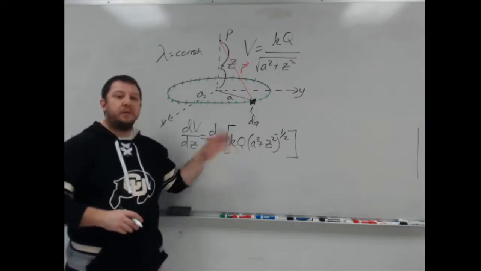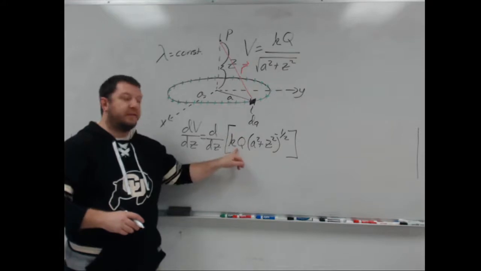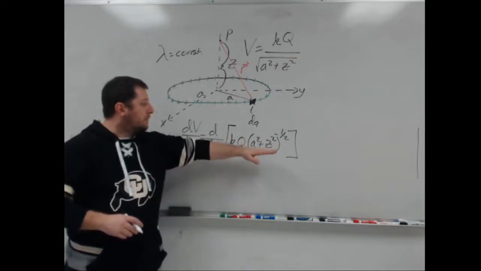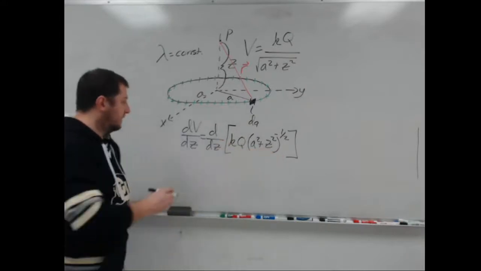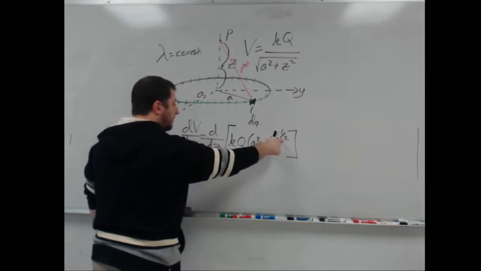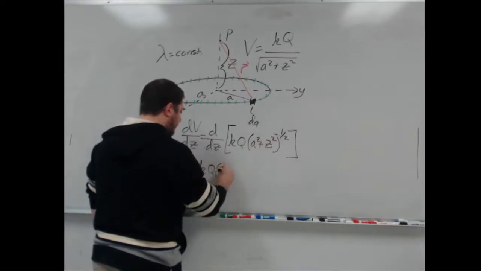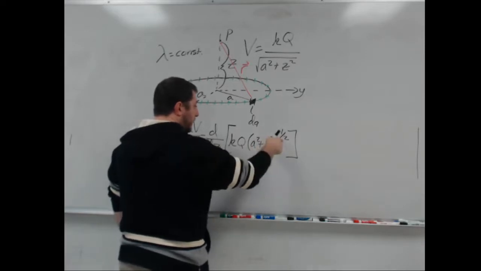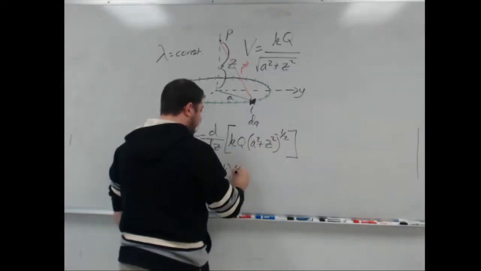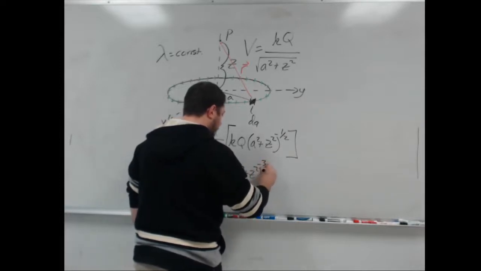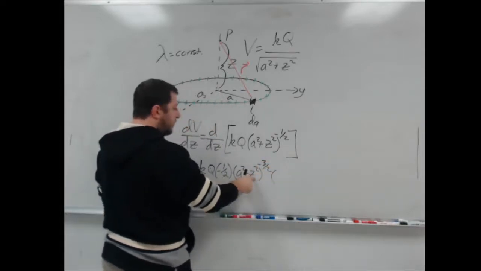Now, k and q aren't affected by the derivative operation, but the derivative of this becomes minus 1/2 to the negative 3/2 times 2z.